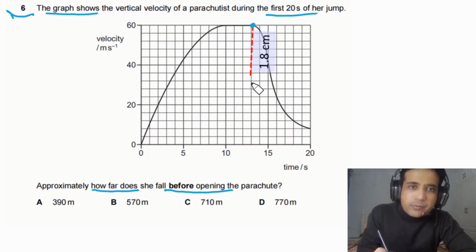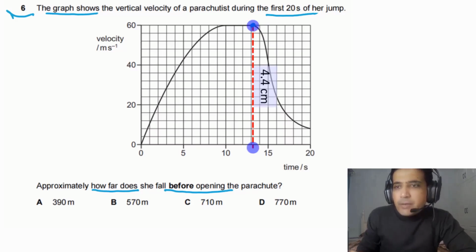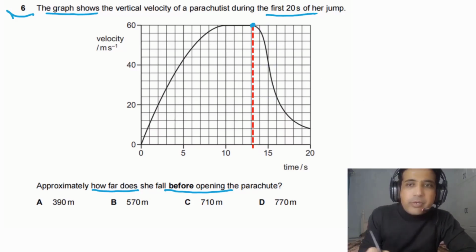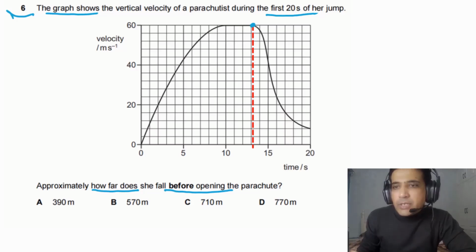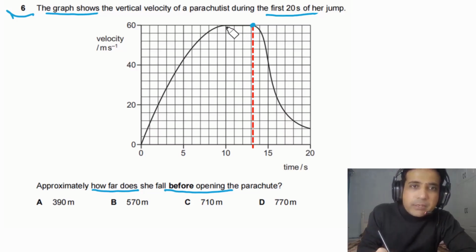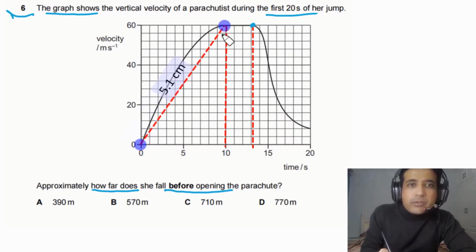So simply, first of all, we can draw this line here, meaning we need to find out this area, and we can divide this area into two parts. One part we can draw as this rectangle, and we can also draw a triangle. So this is the triangle. Now we need to calculate this area.